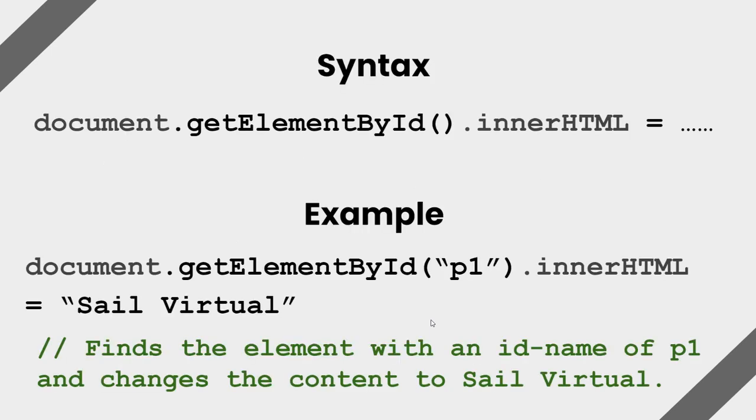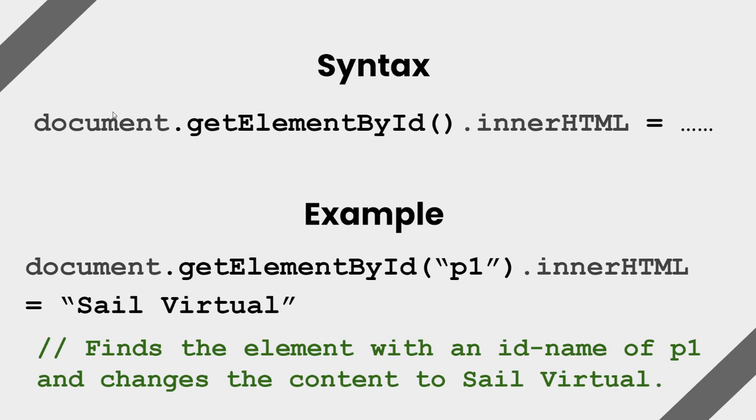Now we have a very brief syntax of everything put together. As you can see here, we have document.getElementById.innerHTML. You can see that the syntax of this property begins with the document object itself.